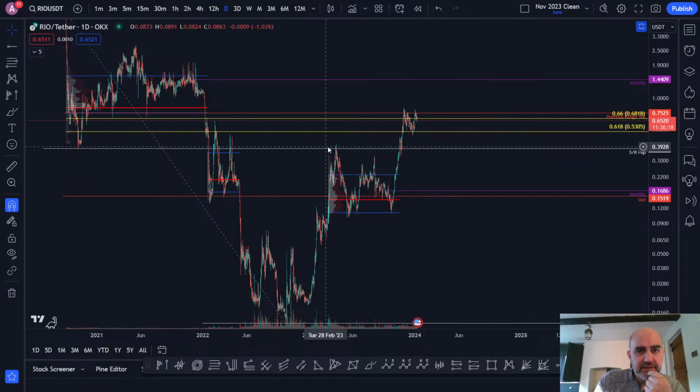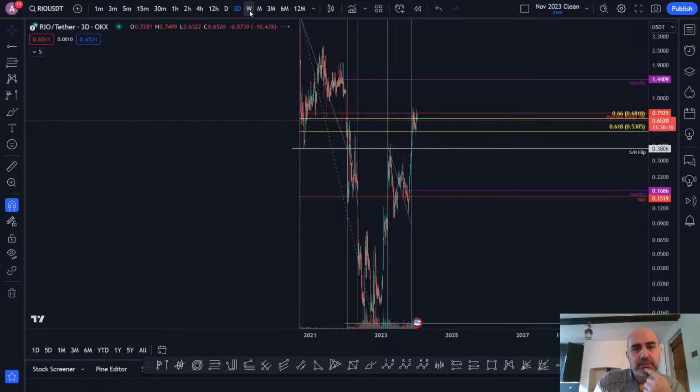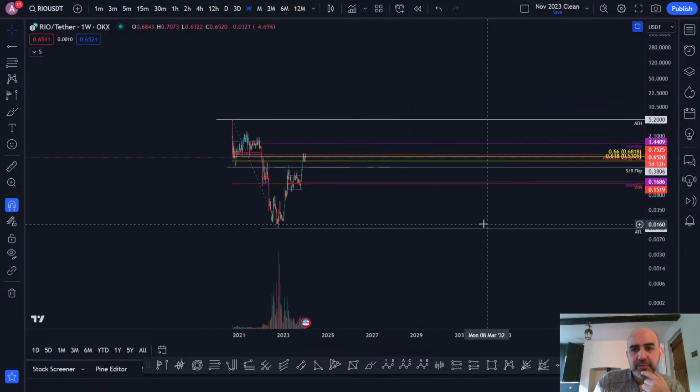We have an SR flip here, a higher time frame.